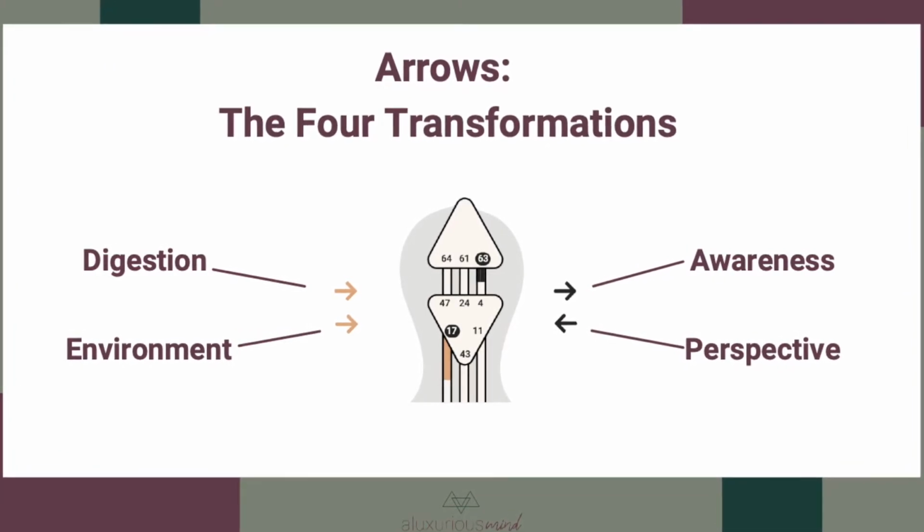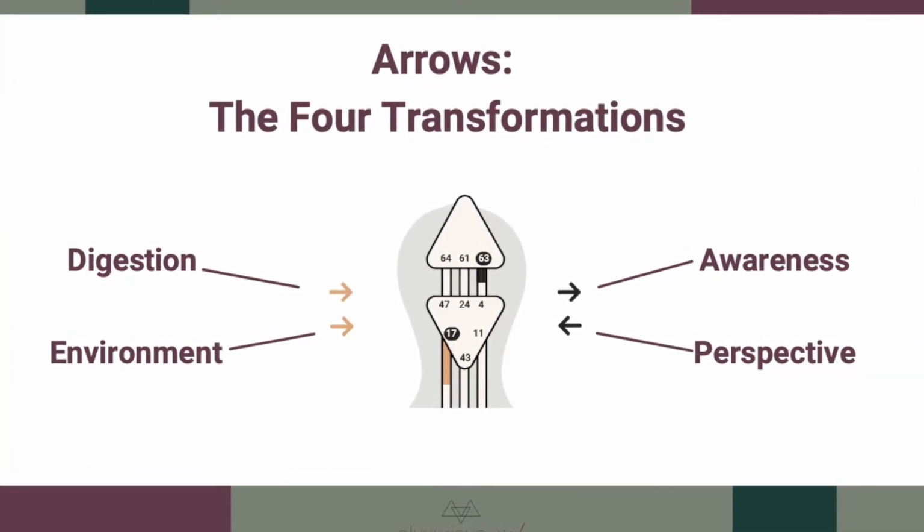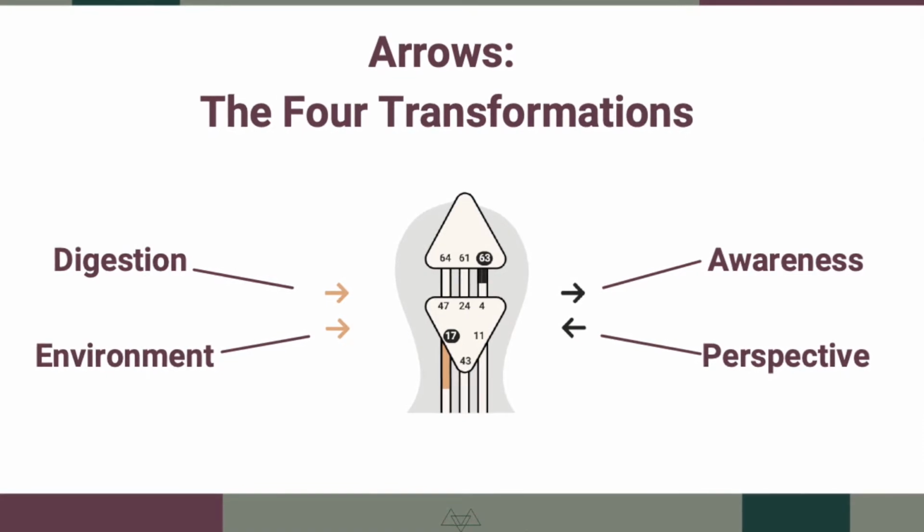The third is perspective. And the last one is awareness. So the arrows in a nutshell tell us how we relate to the world around us and how we're designed to take in information. And I believe that even in talking about the arrows in a very simple way can give us insight on how we might be more productive.